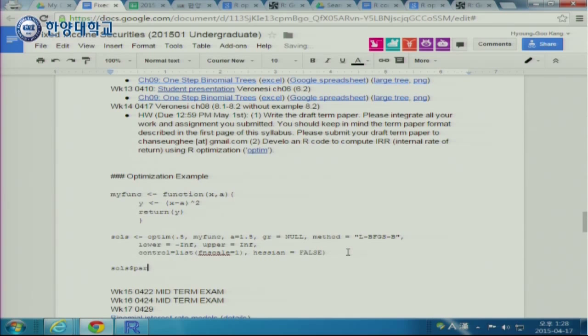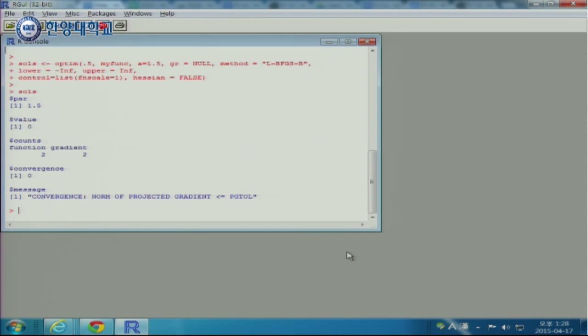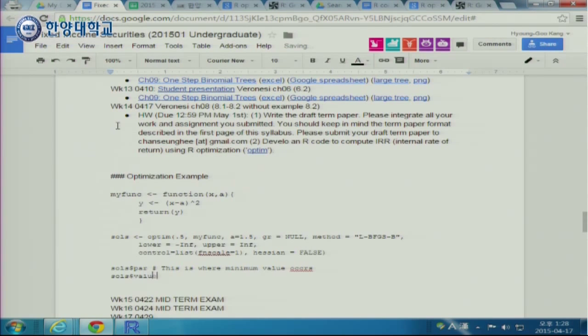Source par, actually this is where the minimum occurs. And if you type source dollar value, this is the minimum value of the function.